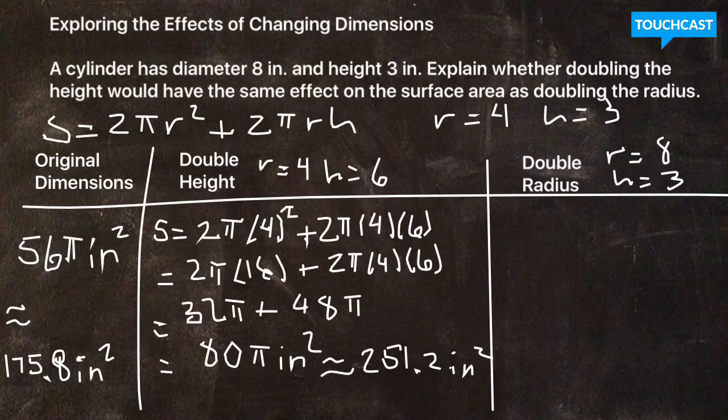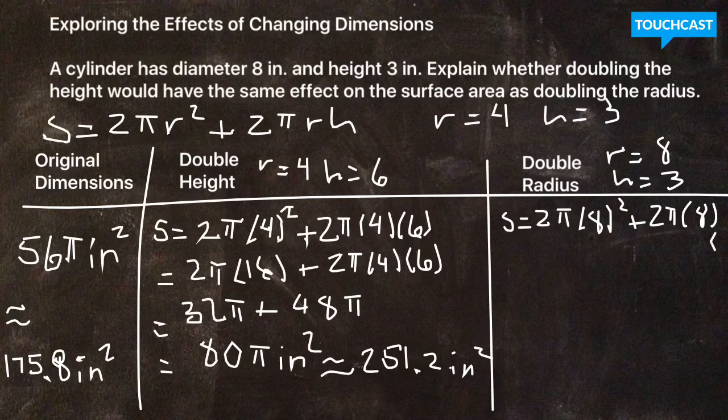So we have the radius is 8 and the height is 3. So the surface area is going to be 2 times pi times 8 to the power of 2 plus 2 times pi times 8 times 3.